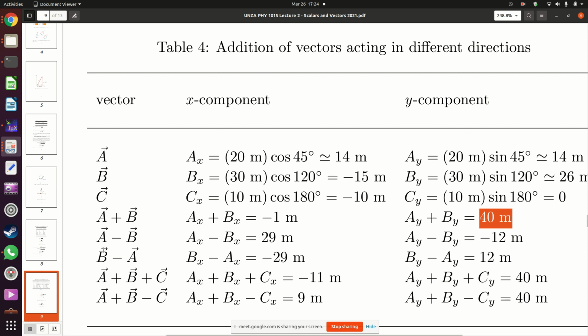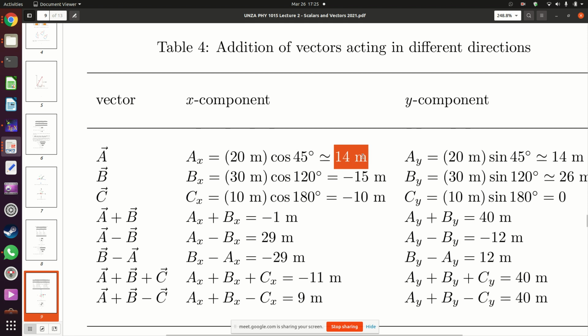Okay, next we move on to this one, A minus B. That is also a vector because we are subtracting vectors. So you need to find out how much A minus B is along the x-axis and how much A minus B is along the y-axis. So in this case, A minus B along the x-axis is going to be equal to AX minus BX.